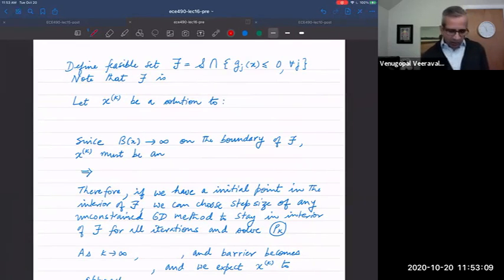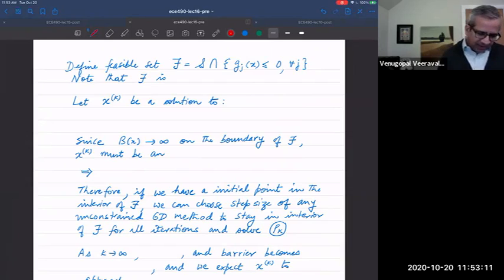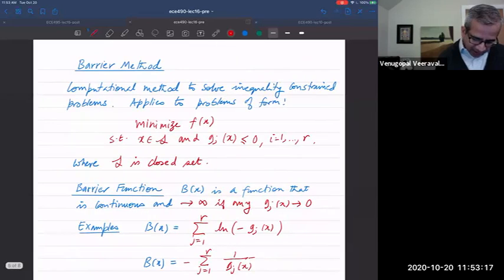So first we'll see that. Let's define the feasible set. Remember, the feasible set is the intersection of this set S and all the x's for which the inequality constraints hold. So let's put all this together into one set, which I'll call F, for feasibility.